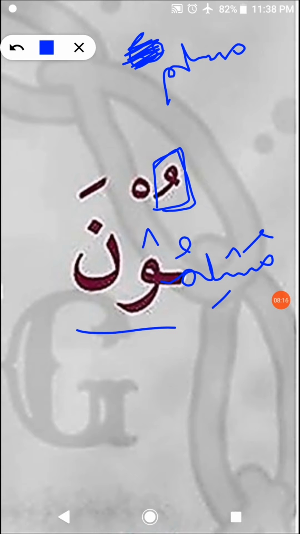Why a dhamma? Because our suffix is starting with the u sound. So it's going to be muslimuna after adding the suffix. I've written the harakat over here, muslimuna.